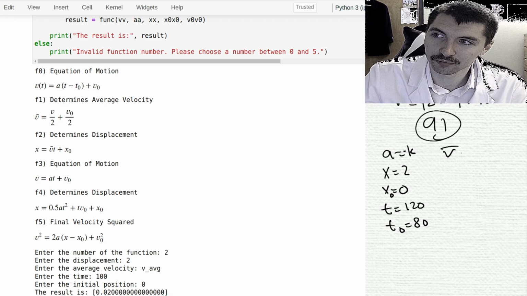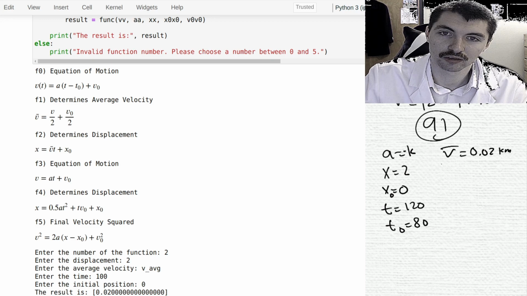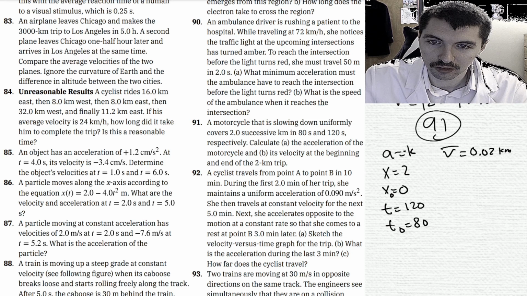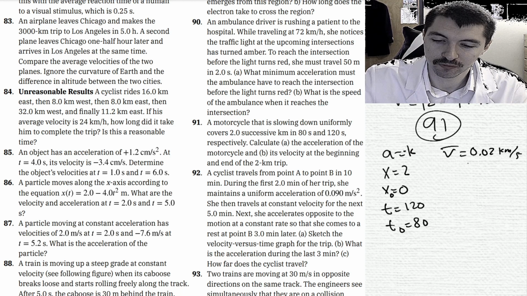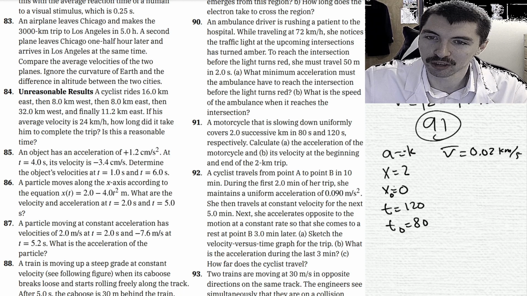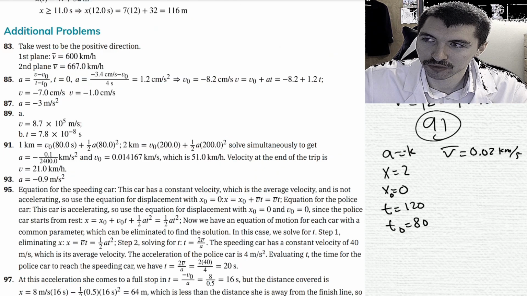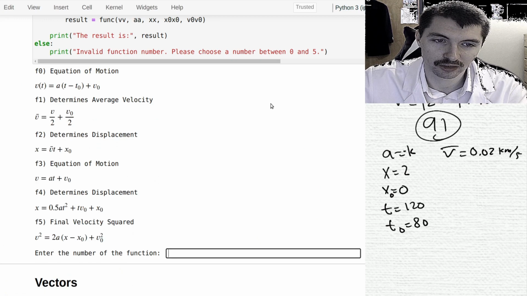Okay, 0.02. What are our units? Kilometers a second. Okay, this is an odd problem, so we can't check our answer. So now we're going to find the acceleration.